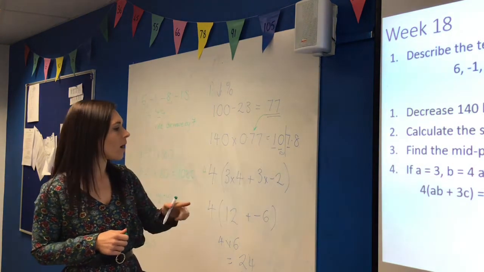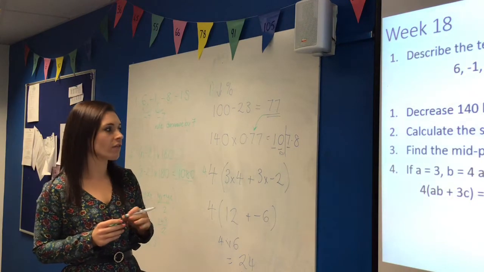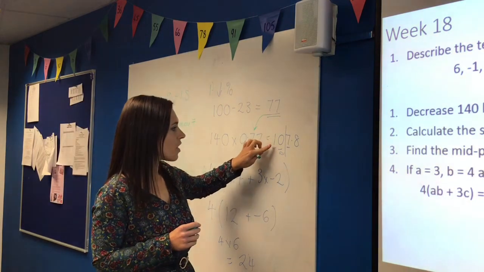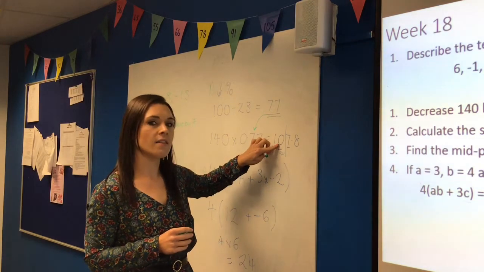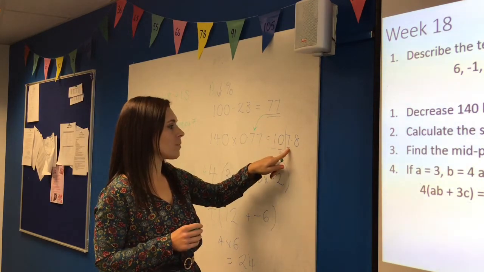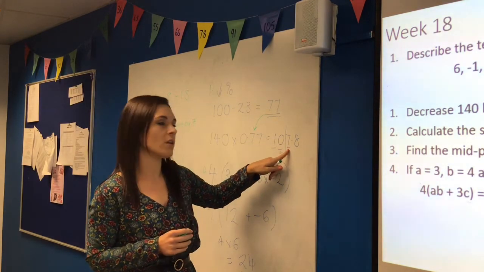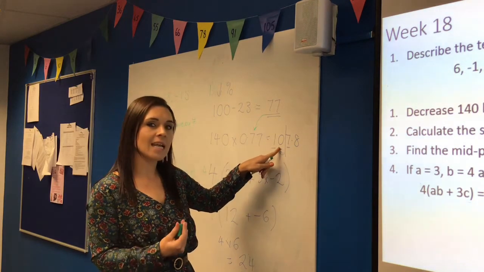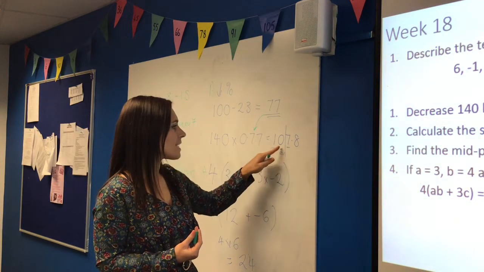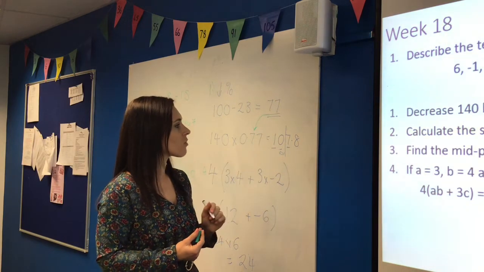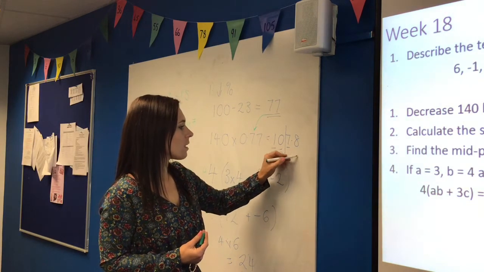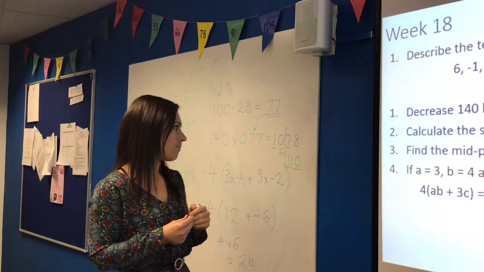Now our second mark will come from rounding to two significant figures. We do that by counting the first 2 digits, the 1 and then the 0, and then we decide by using the next digit, which is the 7, whether the 0 stays the same or it rounds up. And indeed it will round up because 7 is greater than 5, so the answer will be 110.